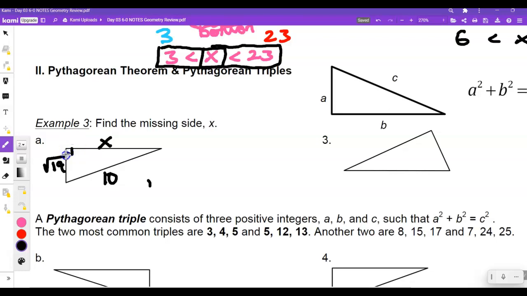It is a right triangle, so you are allowed to use Pythagorean Theorem. So x squared plus root 19 squared equals 10 squared. A squared plus b squared equals c squared.